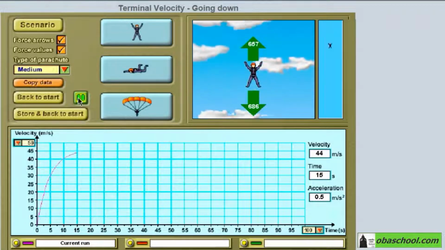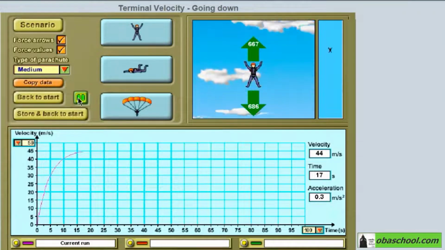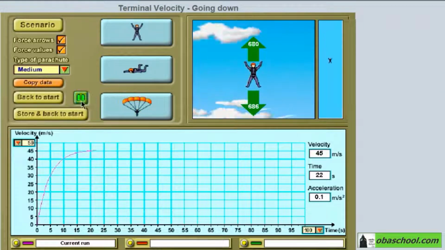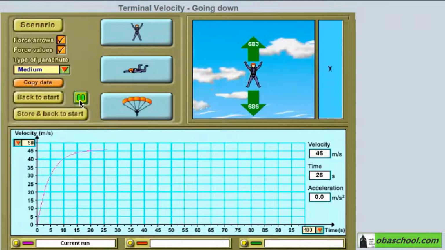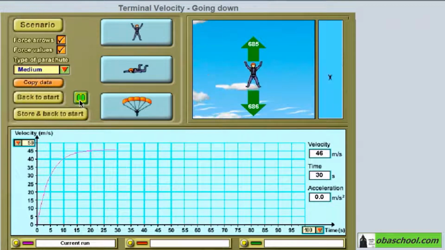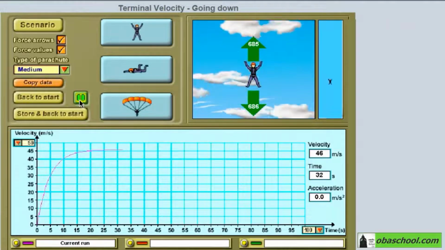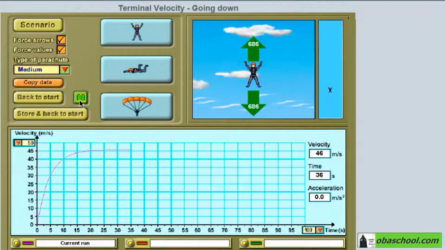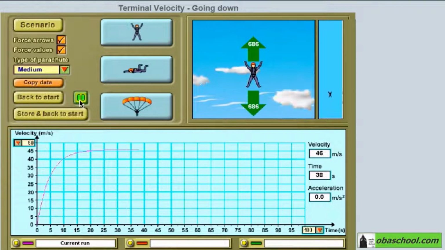So the upward force is increasing as well as the velocity. After 40 seconds, the velocity reaches its maximum.